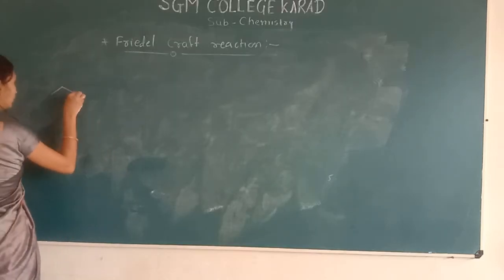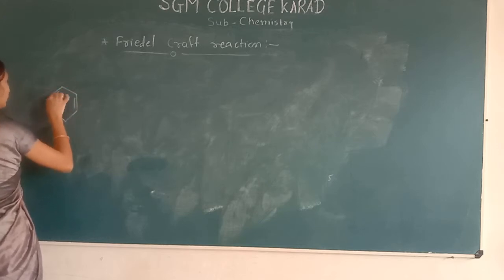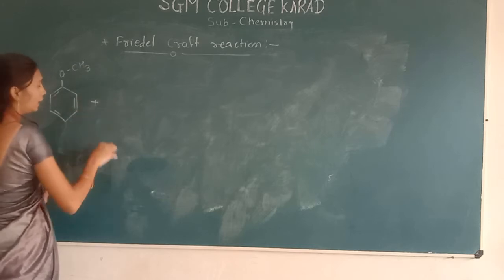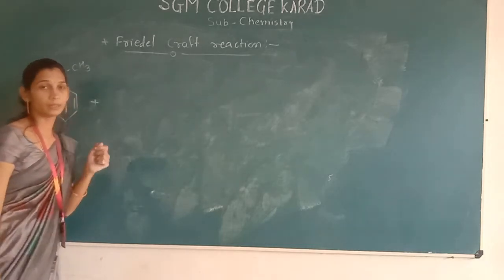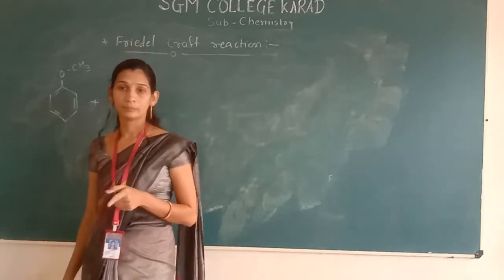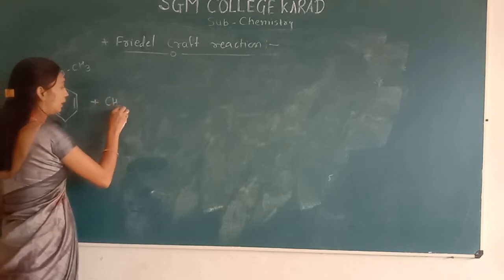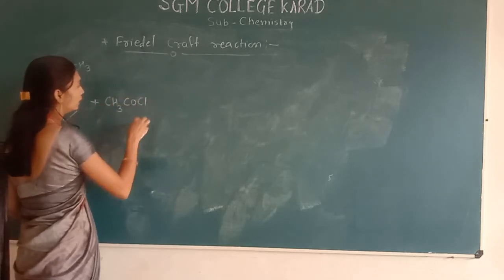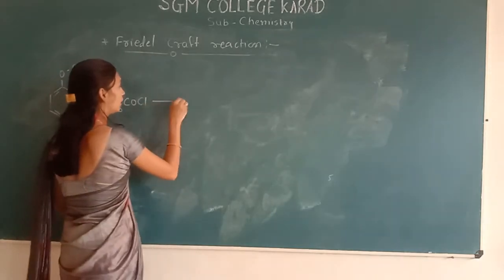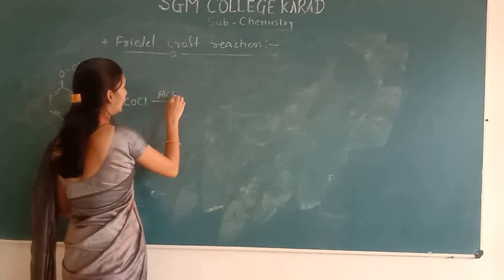Our anisole is again reacting with, here we are taking an example of acyl chloride, CH3COCl, also in the presence of aluminium chloride.